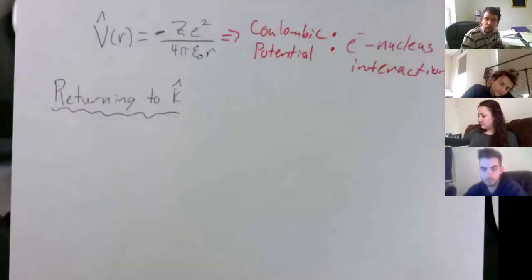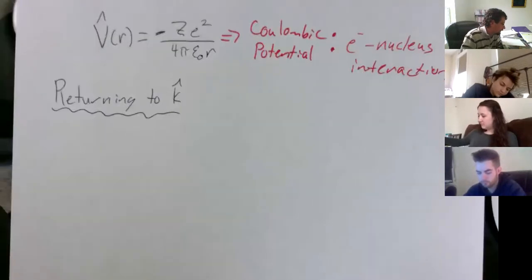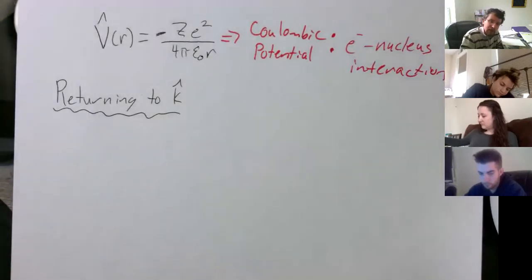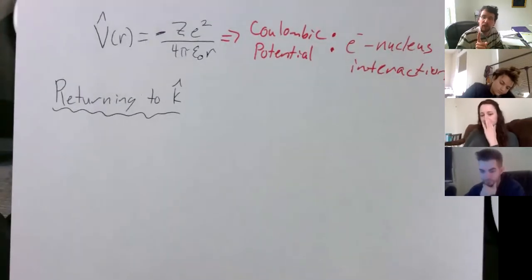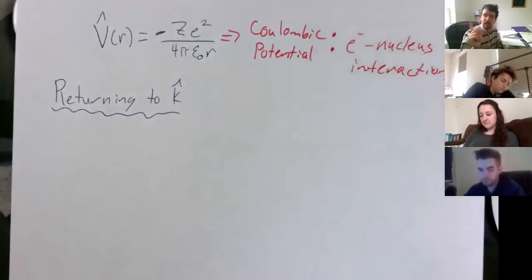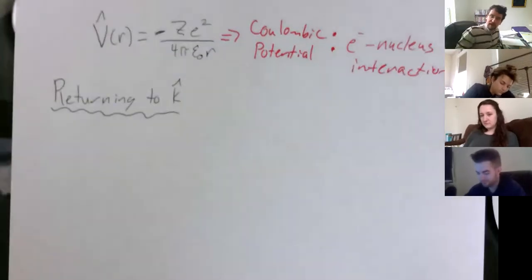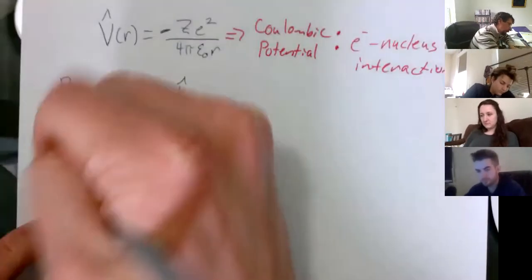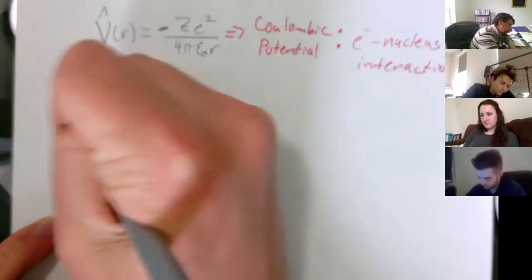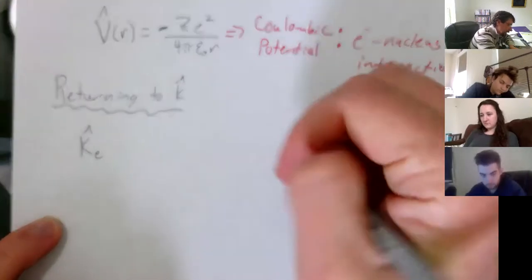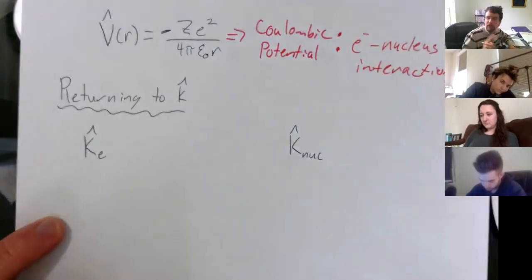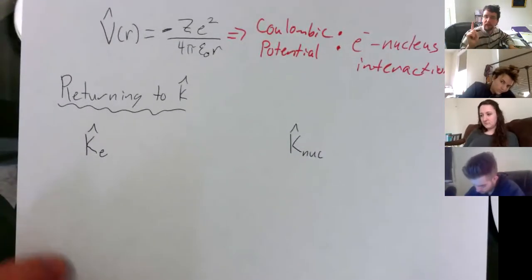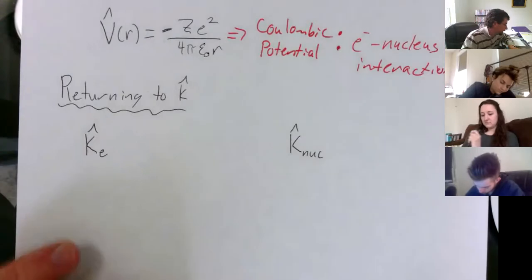It's not the charges, but the motion, the kinetic energy of those guys. So we have to worry about the kinetic energy of the electron, and the kinetic energy of the nucleus. Because remember, we're talking about the H atom. There's only an electron and a proton.